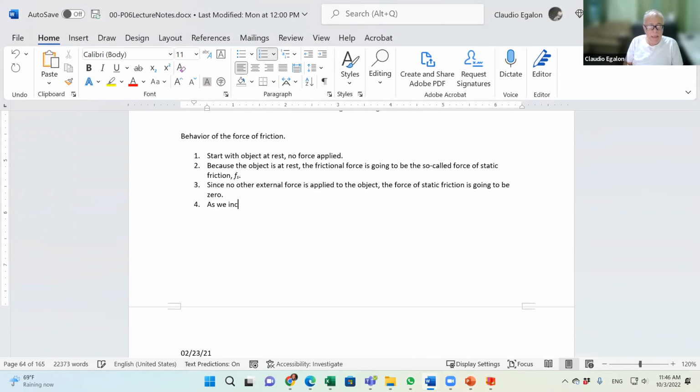As we increase the external force, the force of static friction also increases.